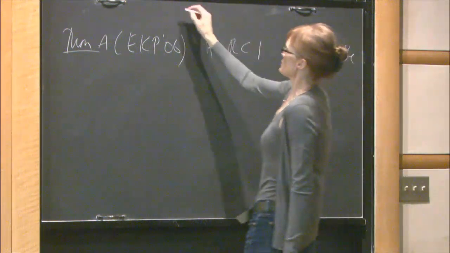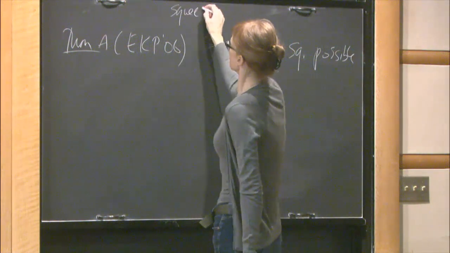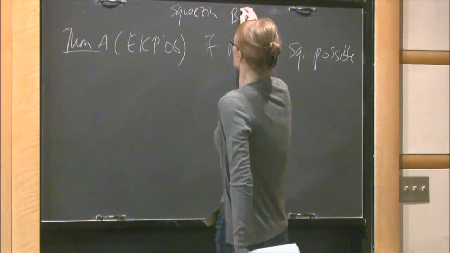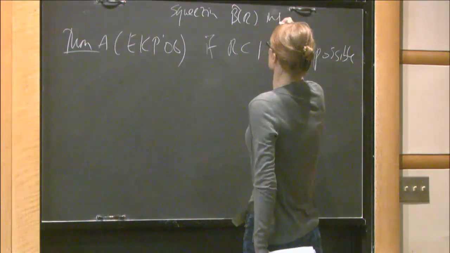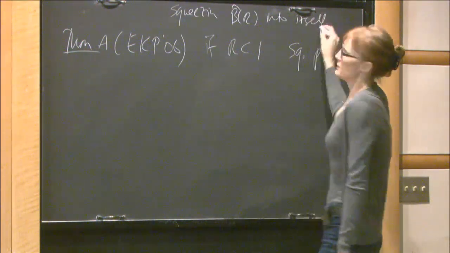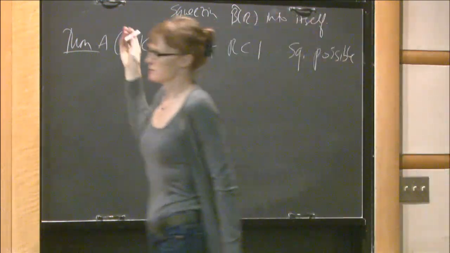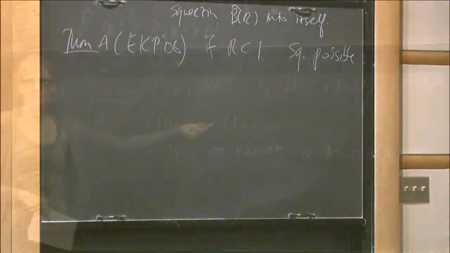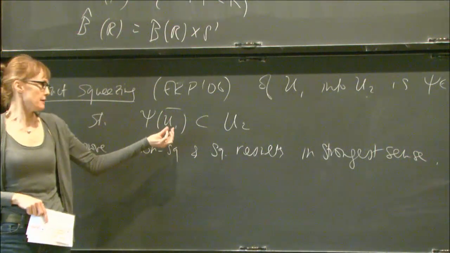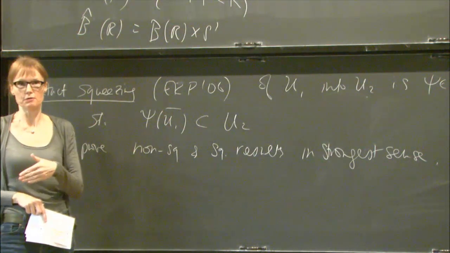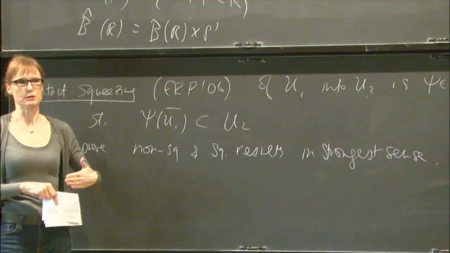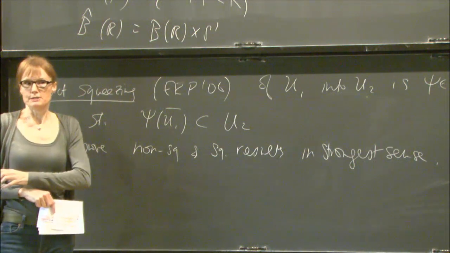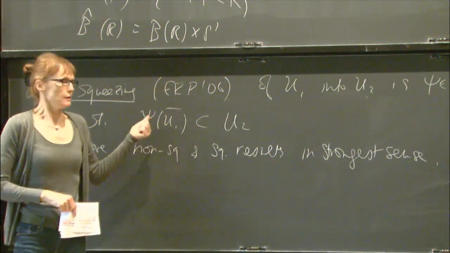Here we're going to be looking at squeezing B̂R into itself. This is another subtle, well, it's kind of trivial distinction. Here, notice that we're requiring the closure of U1 to go into U2, so you can ask this question about a domain into itself, whether you can squeeze the closure of the domain into its interior. It's not immediately obvious.